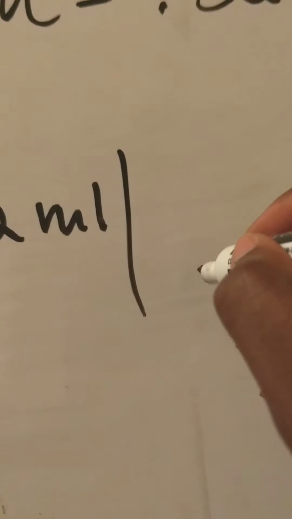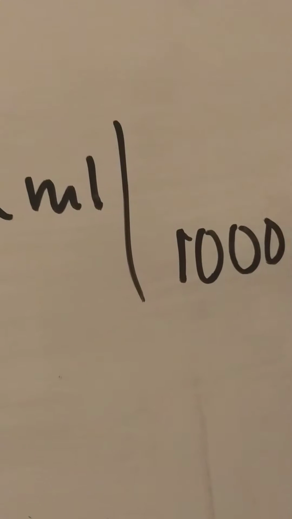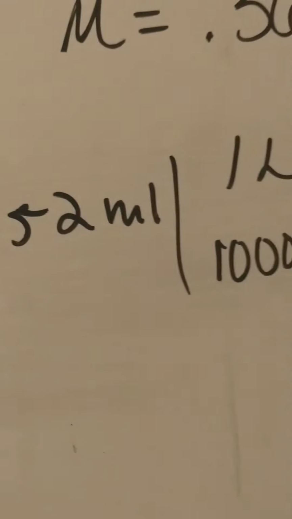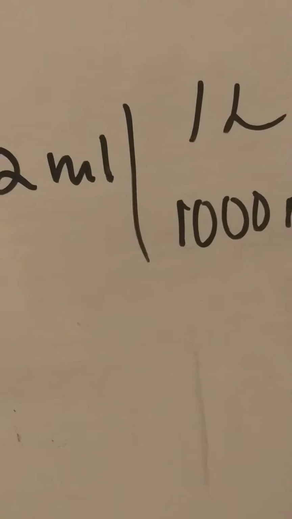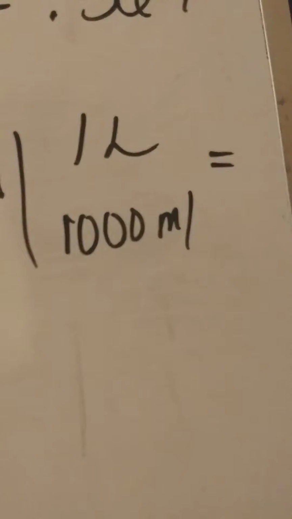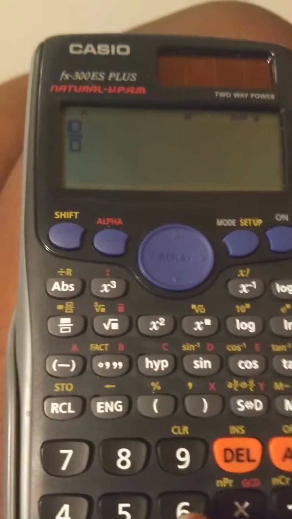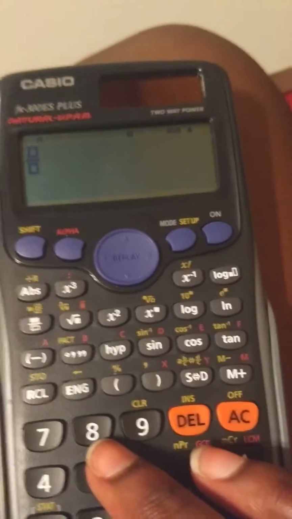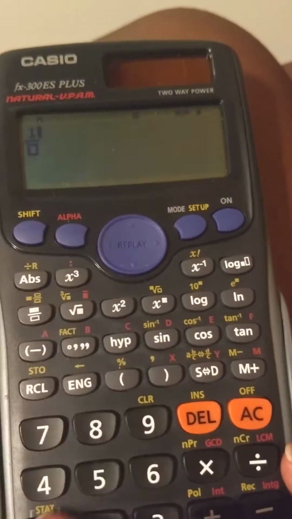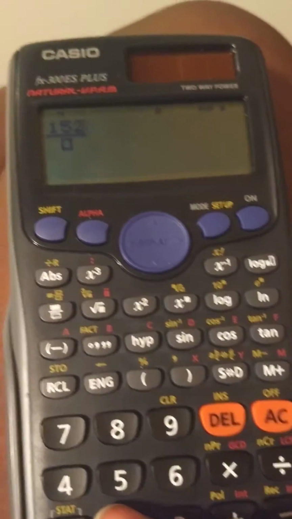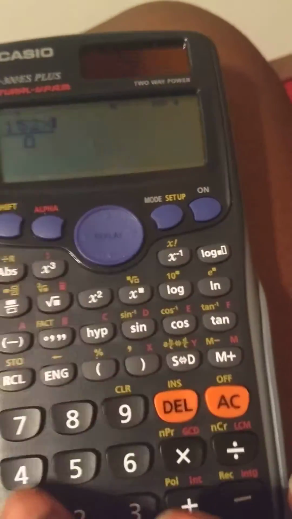Okay, so the conversion table. In this case, we'd have our 152 milliliters, place our 1,000 milliliters here, and our 1 liter here. And then we'd enter it into our calculator. I personally prefer, at least in Casios, to use the fraction bar to insert the numbers for a unit conversion, just because I think it's easier.